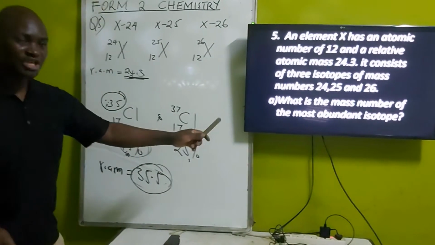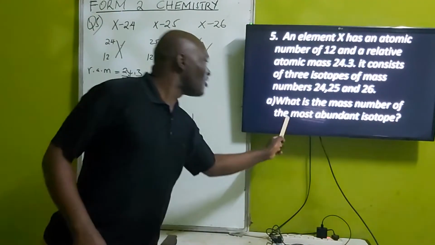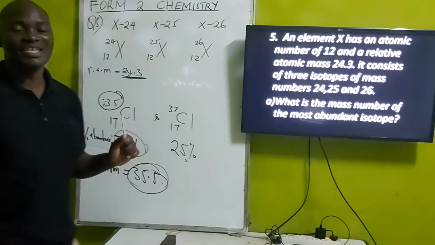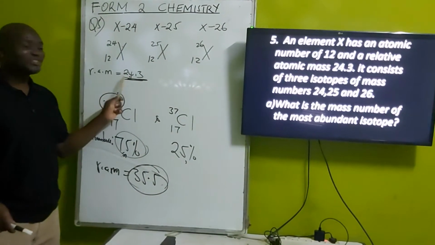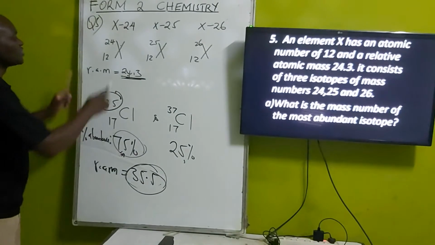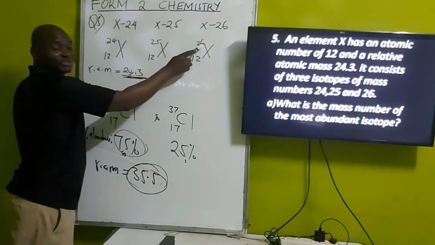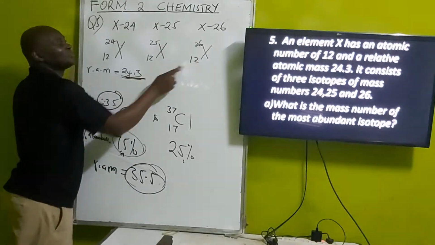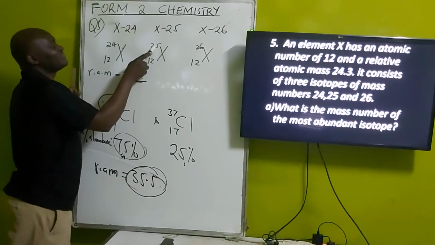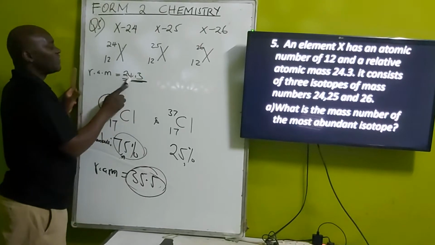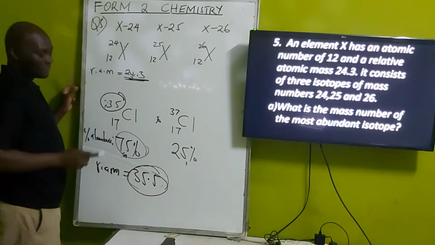And look at this question, what is the mass number of the most abundant isotope? So the most abundant here must be closer to that. So 24.3 is not closer to 26, so it is not this. 24.3 is not closer to 25, so it is not this. 24.3 is much closer to 24.